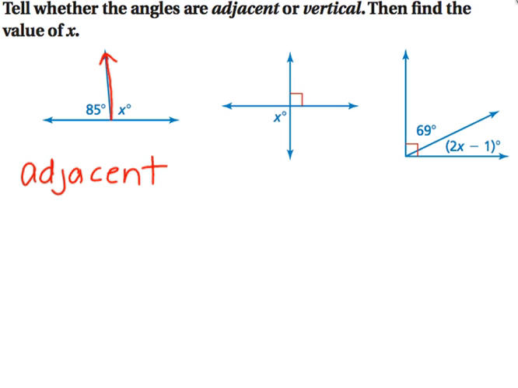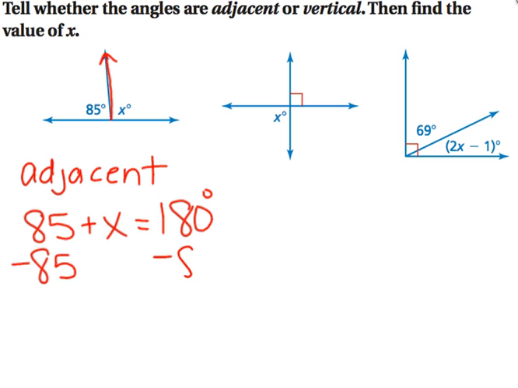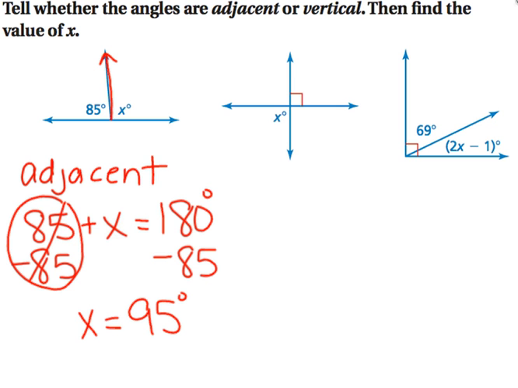Since they do form a straight line, I'm going to set them up so that when I add them, they equal 180 degrees. Remember, 180 degrees would represent a straight angle. Then from there, I can subtract 85 from both sides. So this would be my 0 pair, and I'm left with x equals 95 degrees.